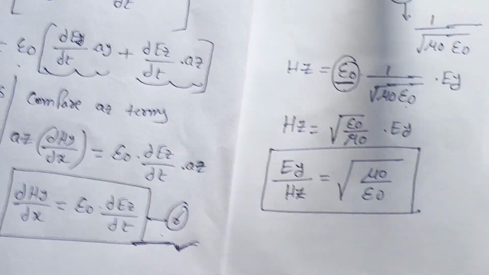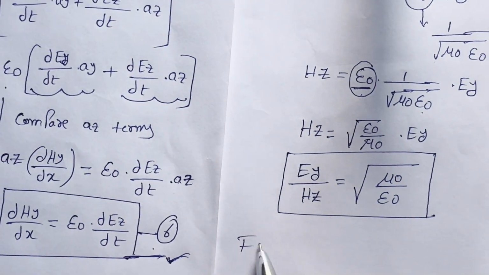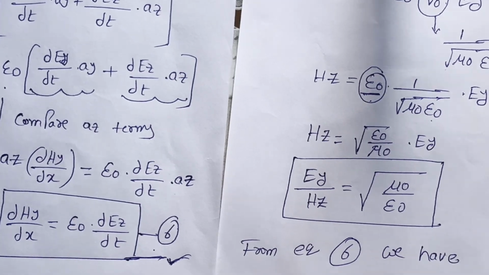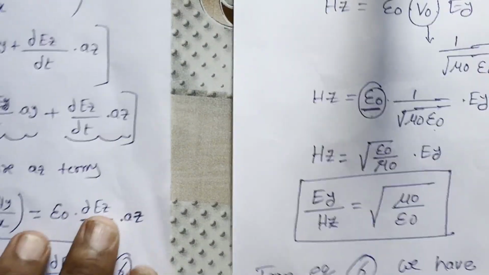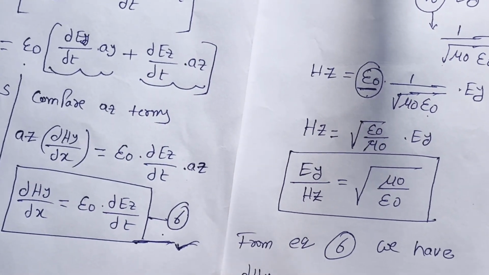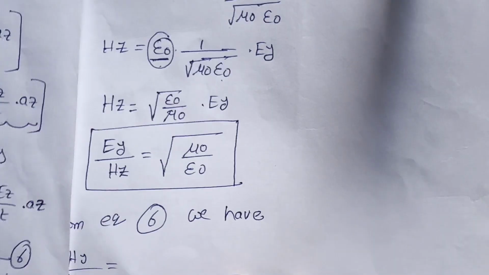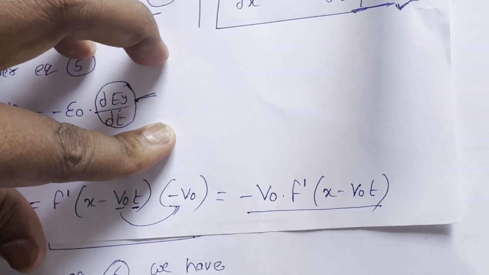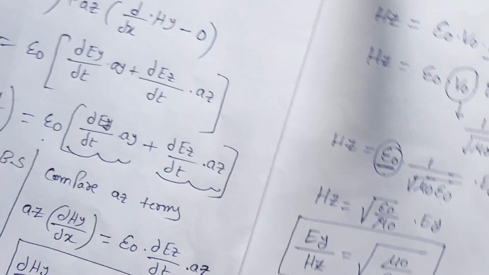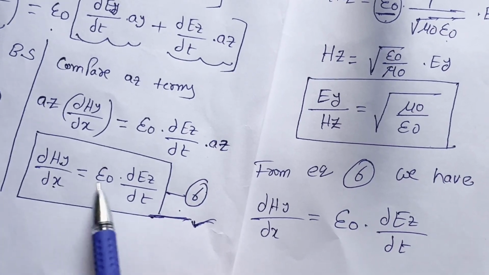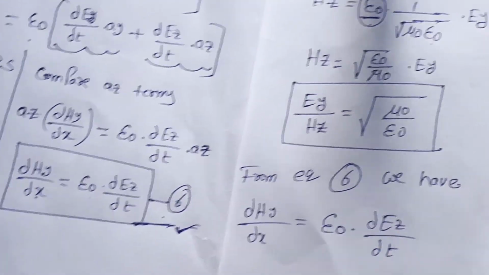From equation 6 we have ∂Hy/∂x equal to ε₀ into ∂Ez/∂t. That is what I considered here.